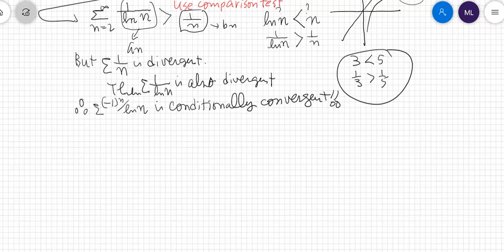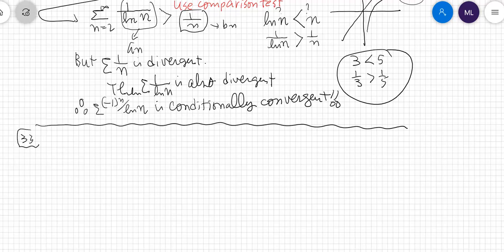Okay, next one, 33. Might as well do everything. 33. Okay, summation n equals 1 to infinity. How about negative 9 to the n, over n times 10 to the n plus 1, okay? So now, limit as n goes to infinity.